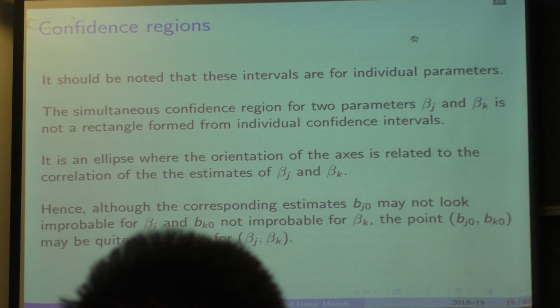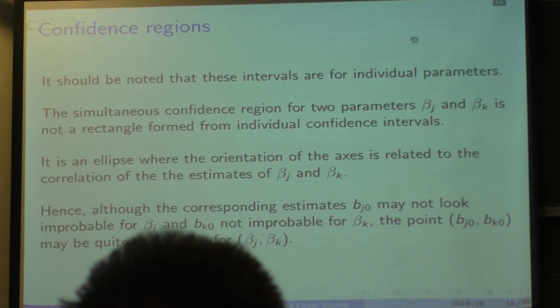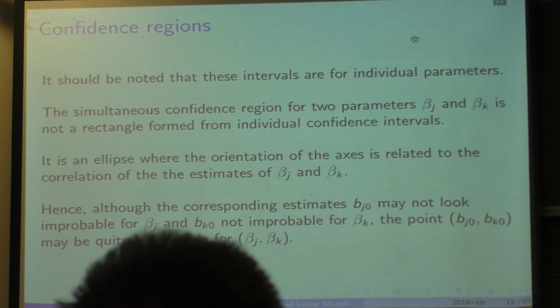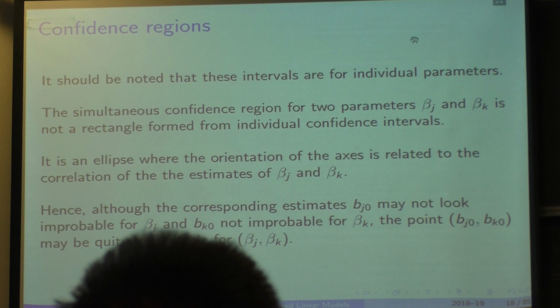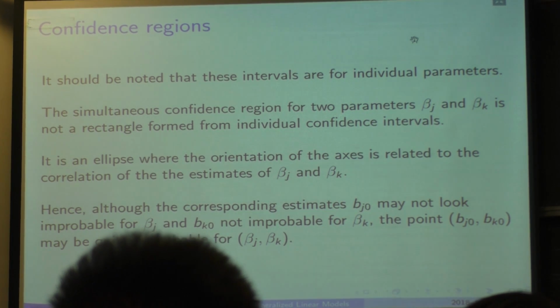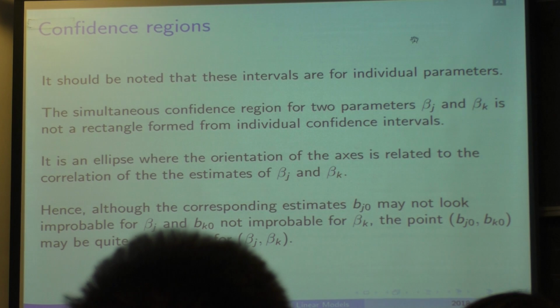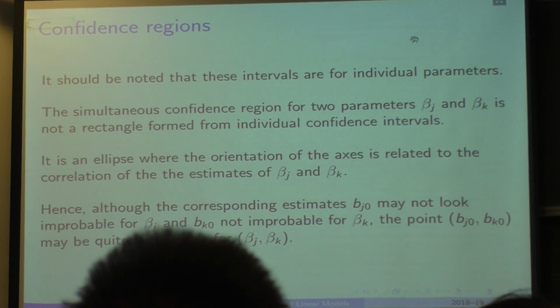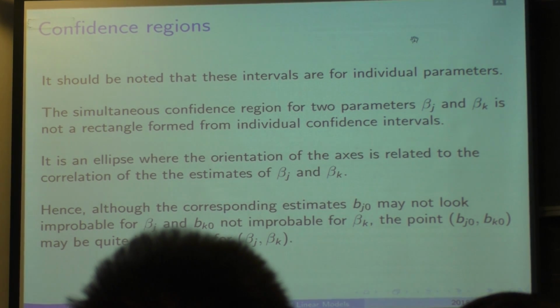Okay, so there may be situations where you've got a number which is within your confidence interval for one of your variables, and another number which is within a confidence interval for the other variable. So they both look like plausible numbers for the individual variables, but the two of them together are not a plausible answer for the two variables together. That's quite possible.